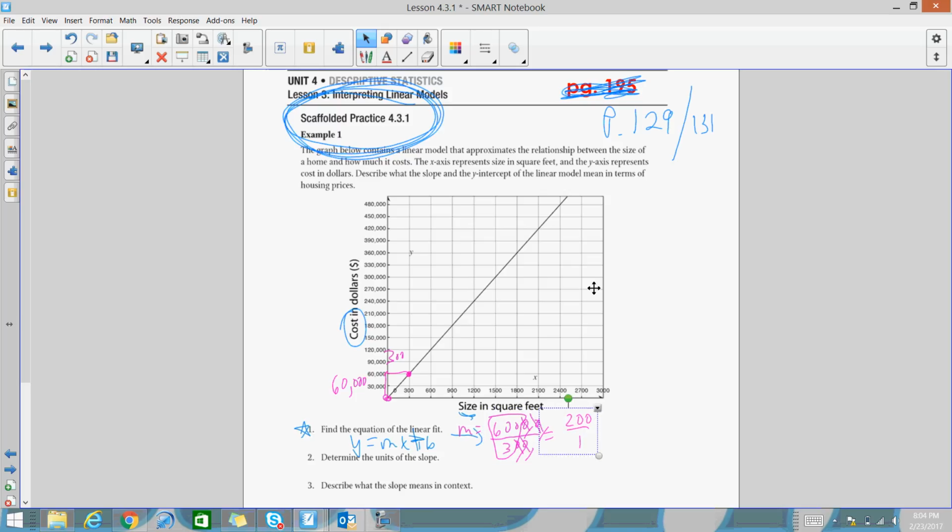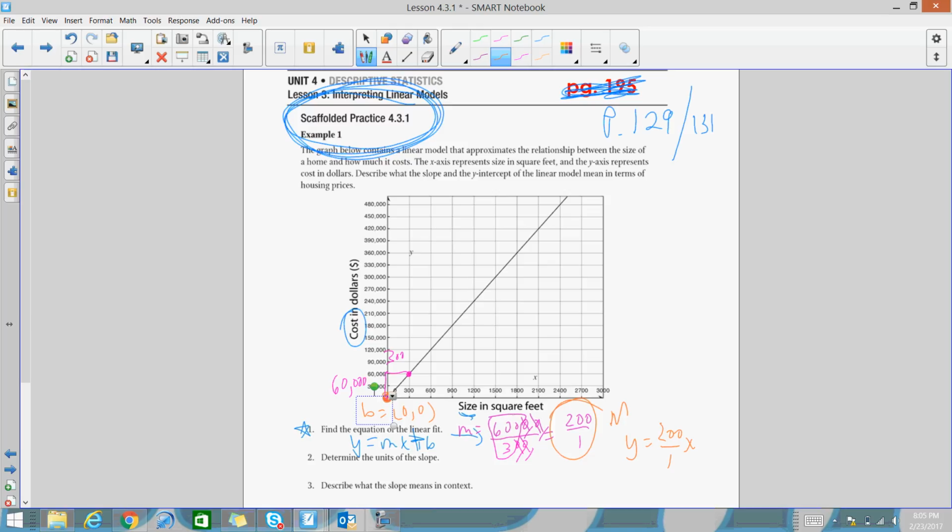So this is your simplified slope, 200 over 1. That's your slope. Now your y-intercept, your b, is 0, 0. So if we're going to write the equation, it's going to be y equals 200 over 1x plus 0.